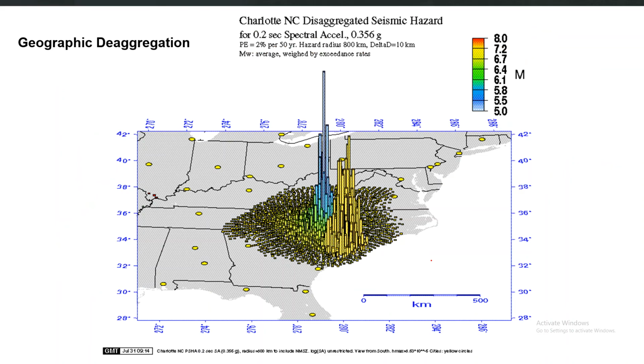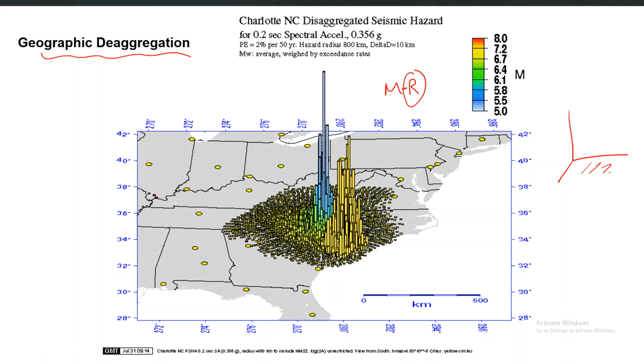Another representation of the decomposition of seismic hazard is this one, which is called the geographic deaggregation, in which, instead of having the magnitude and R plane on a 3D graph, now you have the actual map. On the map, all of the locations are already geographically mapped, so there is no need of having this R value.